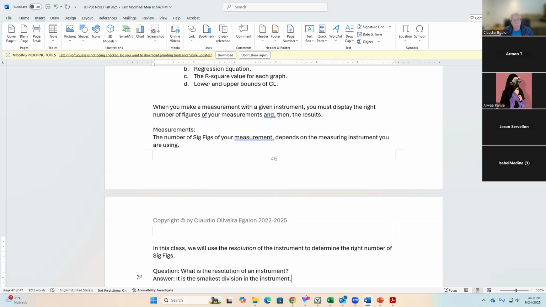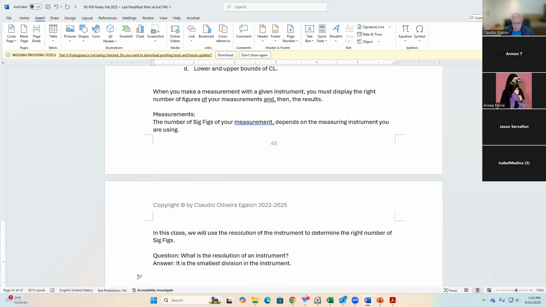It goes from instrument to instrument. In the case of the ruler that everybody's familiar with, the smallest division is the millimeter, okay? 1 millimeter.